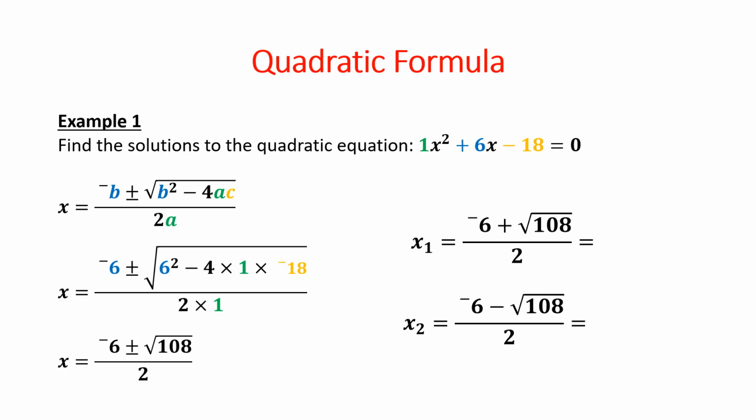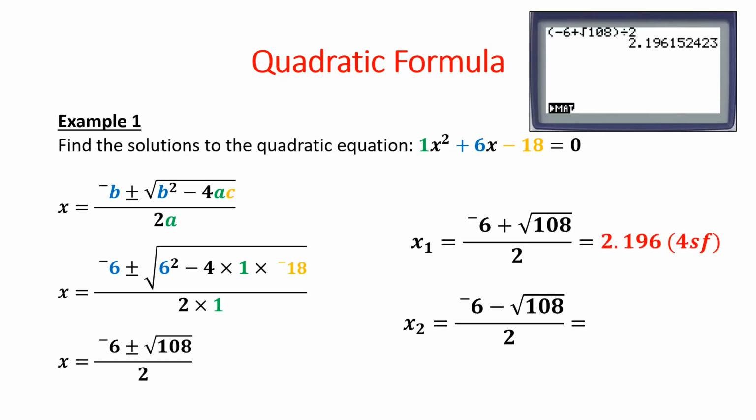So to work out our first solution, we go minus 6 plus the square root of 108, all divided by 2. Notice I go bracket minus 6 plus square root of 108, close bracket, and then divide it all by 2. And I get a solution of 2.196, which I've rounded to 4 significant figures.